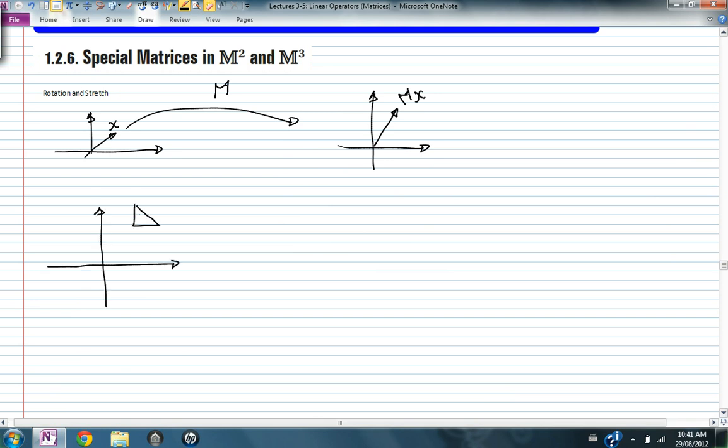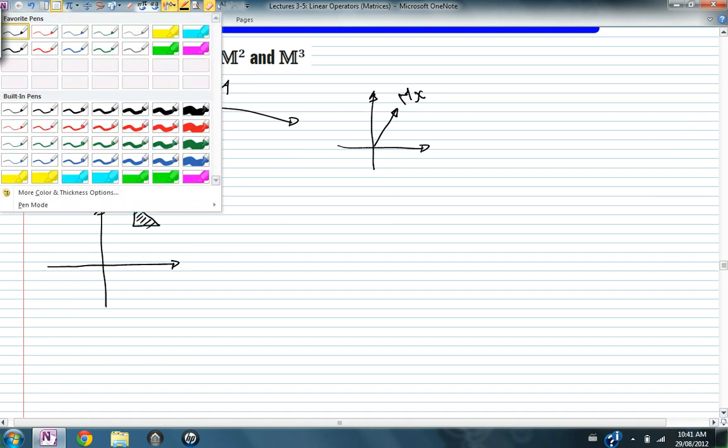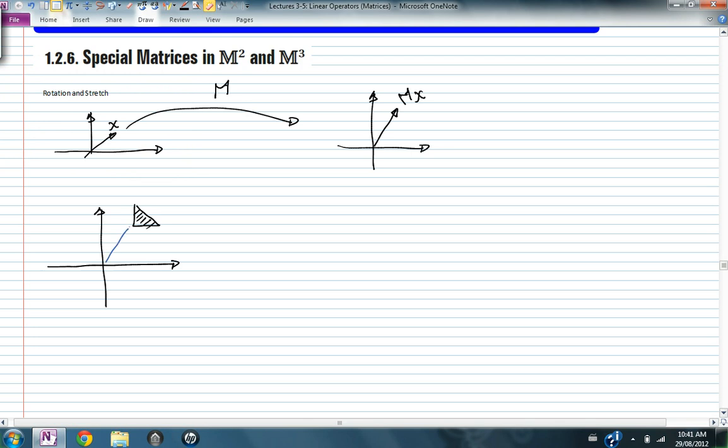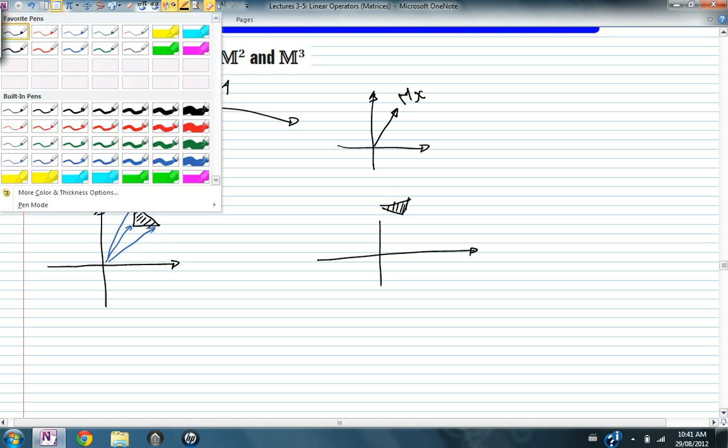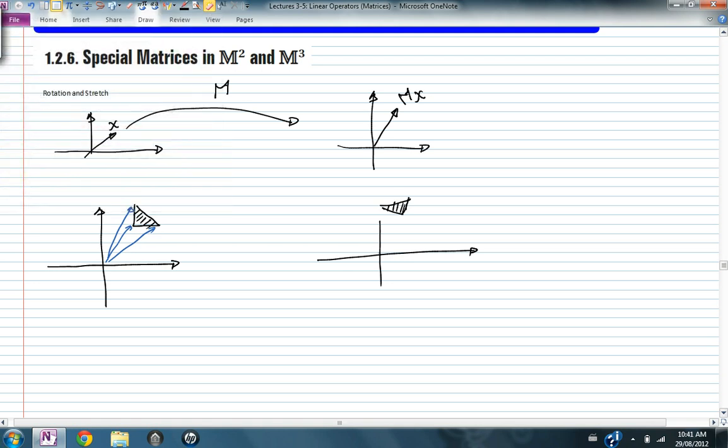If this is an object, made out of different vectors, a rotation matrix will take that object and rotate it in space with a certain angle.